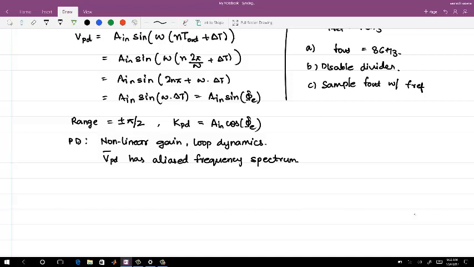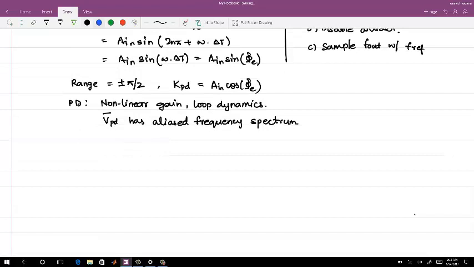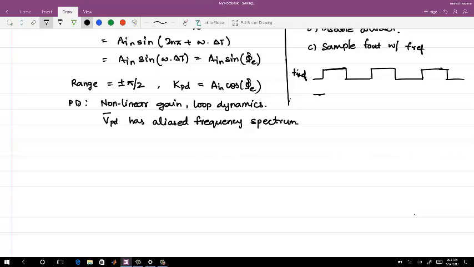If you are looking in terms of phase, okay, this is another good one which I will show you. Let us say this is your f in or f ref, and I am plotting f out as twice of f in.